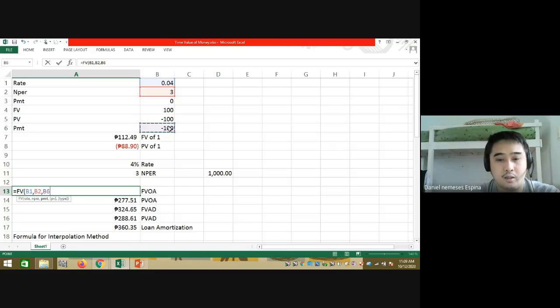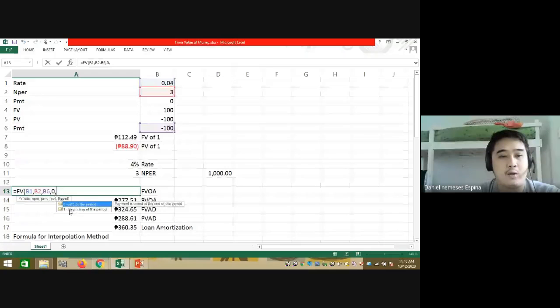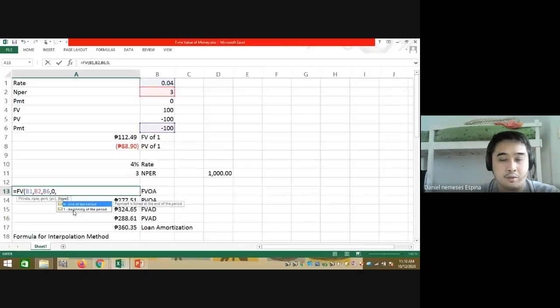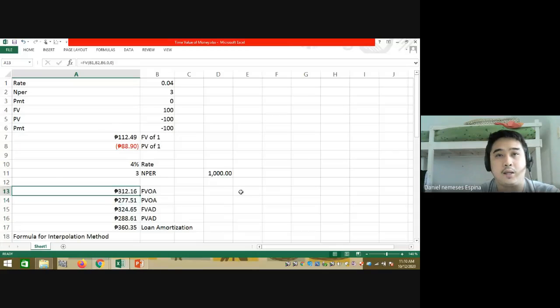Present value this time, since we are computing for an annuity, is 0. Then type, ordinary annuity, so it's at the end of the period. You have choices here: 0 if it's at the end of the period, 1 if at the beginning of the period. Since it's ordinary annuity, you type 0. Close parentheses. The future value of the ordinary annuity is 312.16.